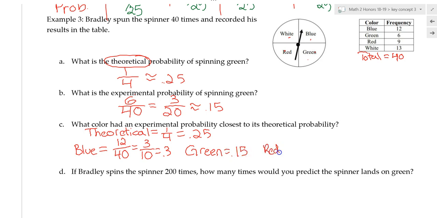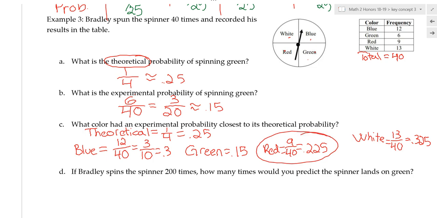Red is 9 out of 40. That does not reduce. Which is 0.225. And then white is 13 out of 40, which when you convert that to a decimal is 0.325. So which one of these is closest to 0.25? That's going to be red with 0.225.